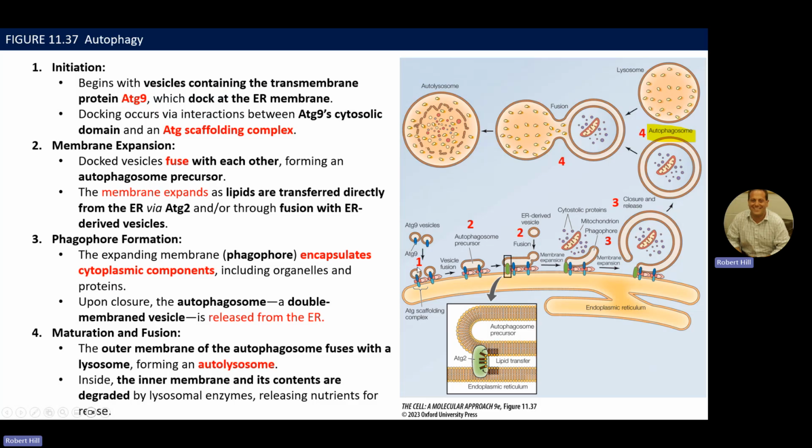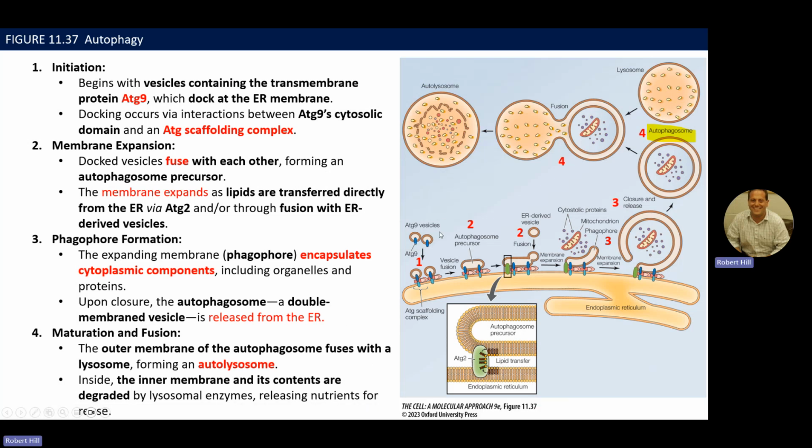So this complex is going to get assembled on the ER, and then it's going to get released as an autophagosome. Then the autophagosome is going to fuse with the lysosome. And that's what autophagy is. Okay? But there are some key steps in here that mature the autophagosome.